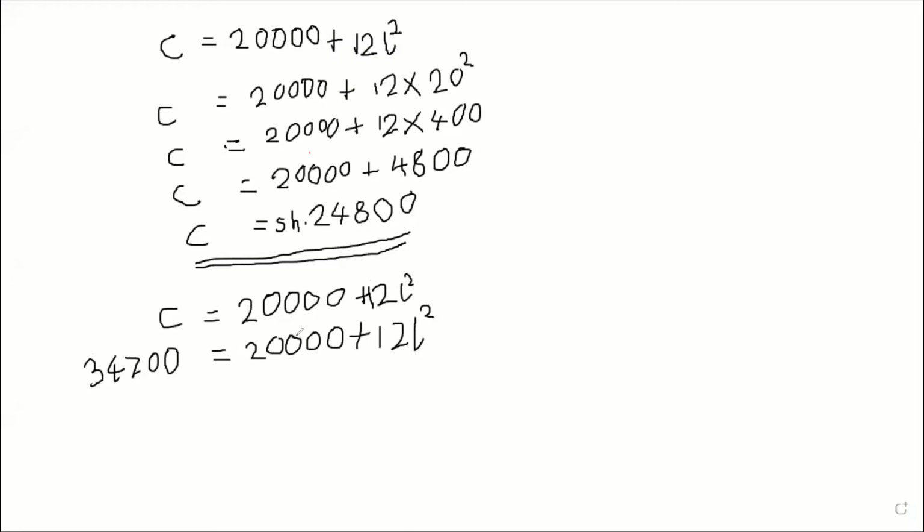In order to solve, we have to collect like terms. So 34,700 minus 20,000 is equal to 12L squared.